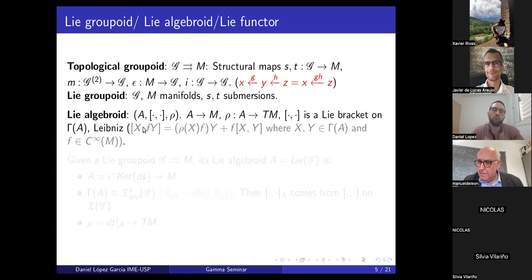And this bracket satisfies the Leibniz rule, which combines the Lie bracket and the anchor map.